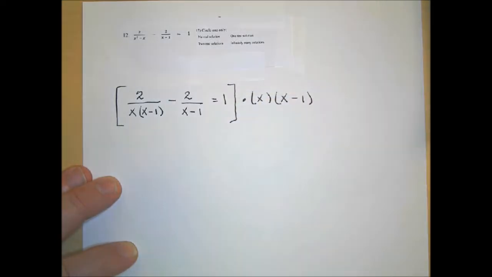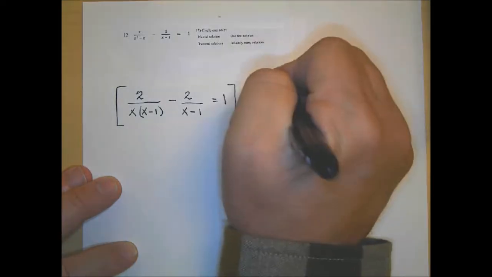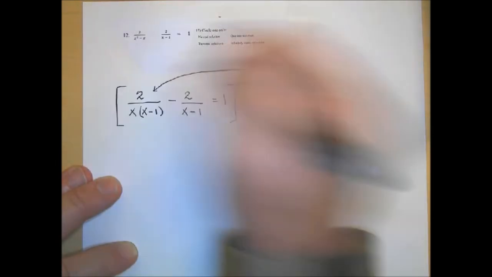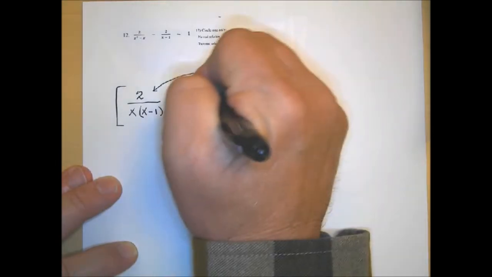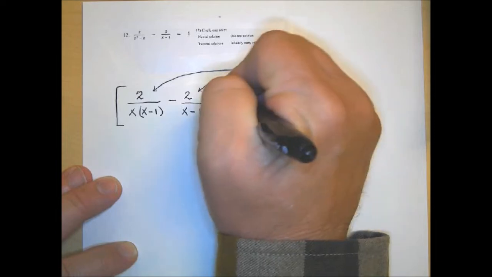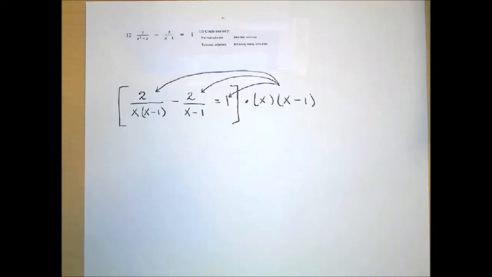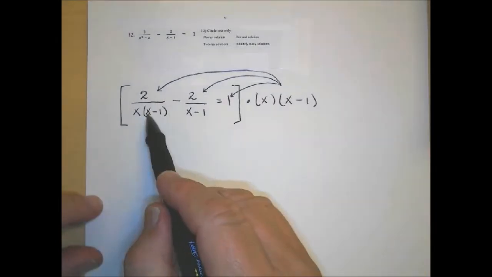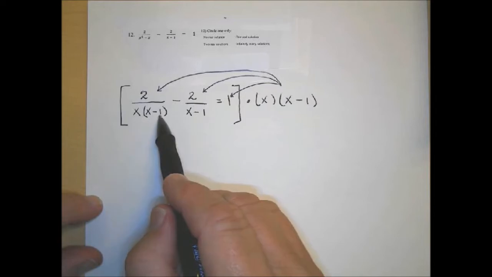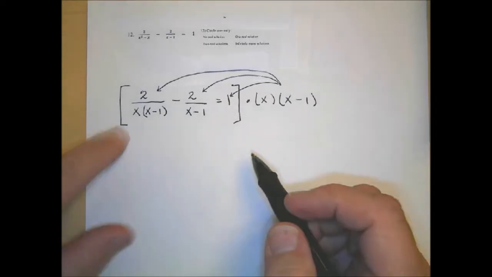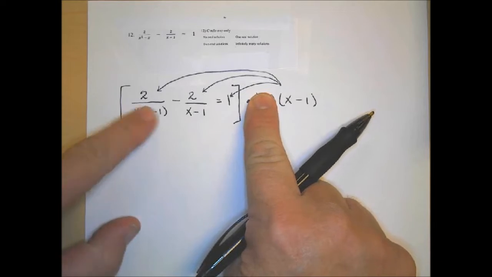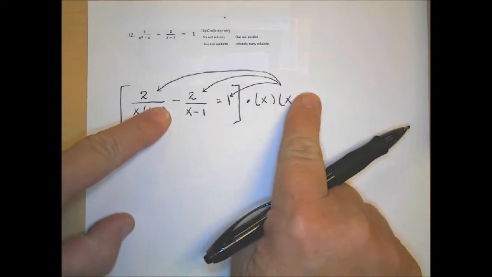So I'm doing something very similar to what I did in the last problem. I'm backwards distributing. It needs to go there, and there, and there. By taking each fraction one by one, this first fraction has everything, so everything cancels. That x cancels with that x, and the x minus 1 cancels with that x minus 1.